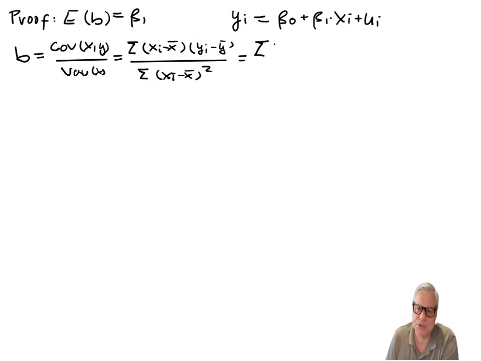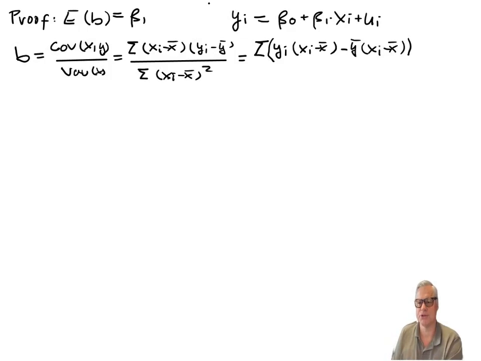I can say this is equal to yi times xi minus x bar, and then I can also do the same thing for minus y bar times xi minus x bar. Okay, so that's all next to the sum sign.